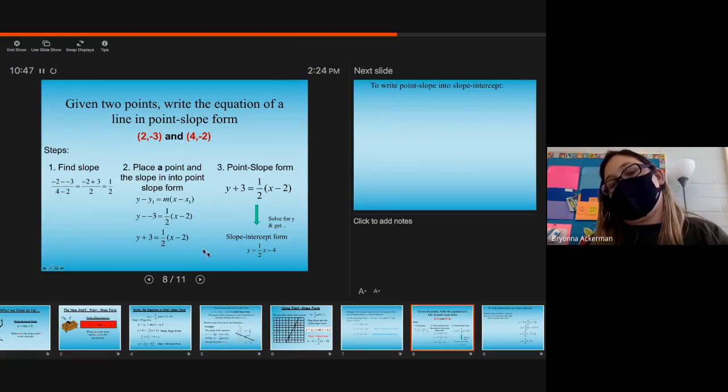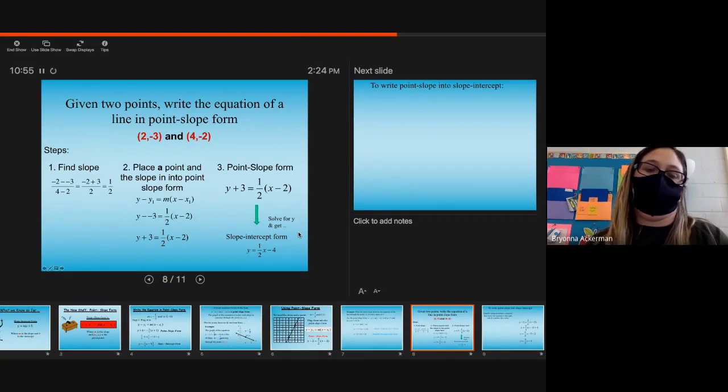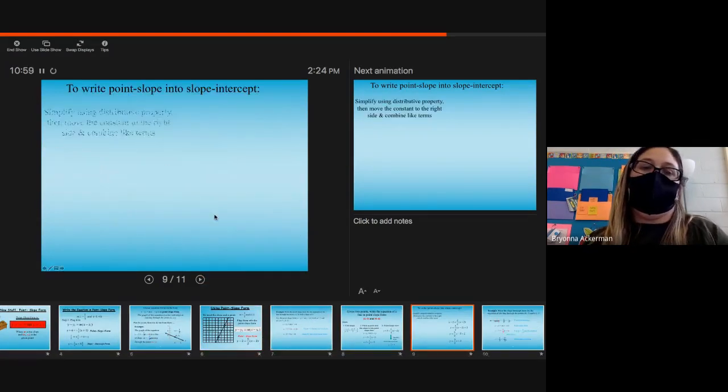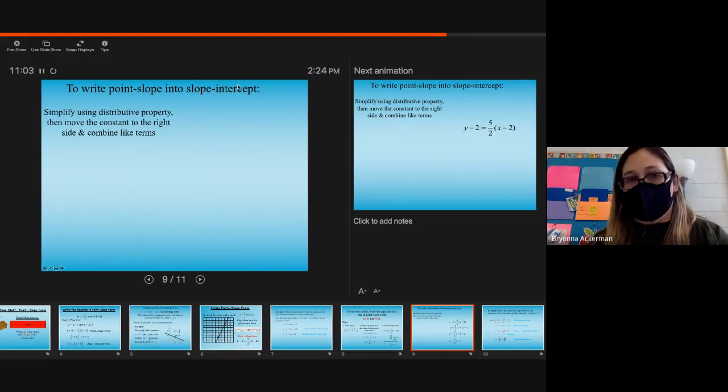So that's a few different things to do. Depends on what they're asking. To write from point slope to slope intercept, you need to simplify using the distributive property, move the constant to the right, and combine like terms.